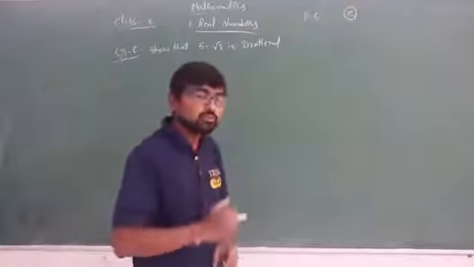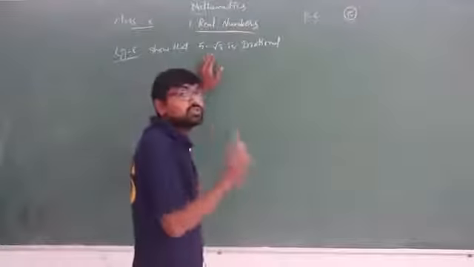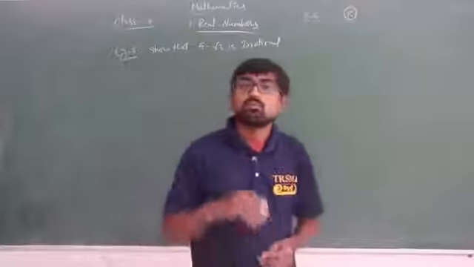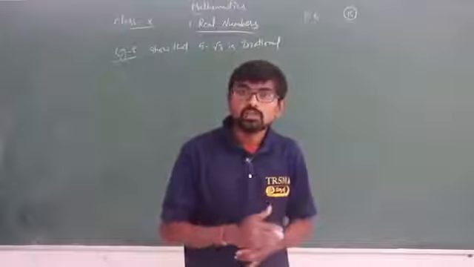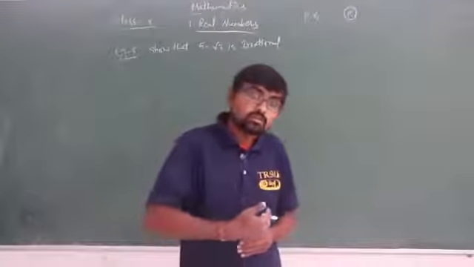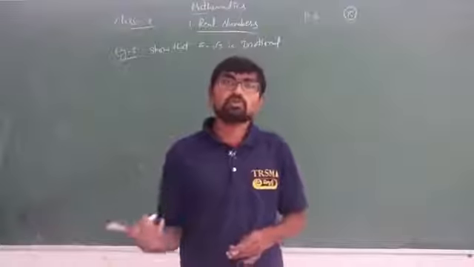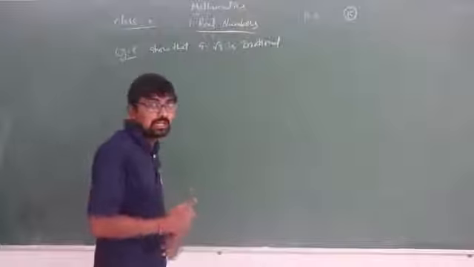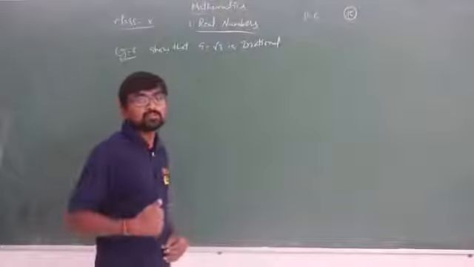If I want to show 5 minus root 3 as an irrational number, what do I need to do? I need to check whether it is rational or not. So first I think of it in the positive way, that is, I assume 5 minus root 3 is rational.